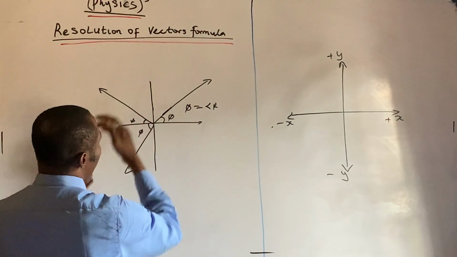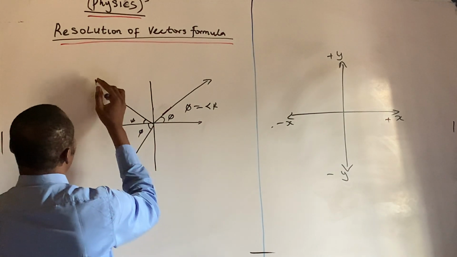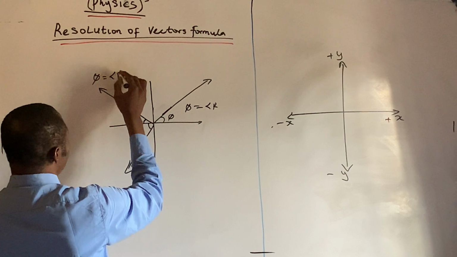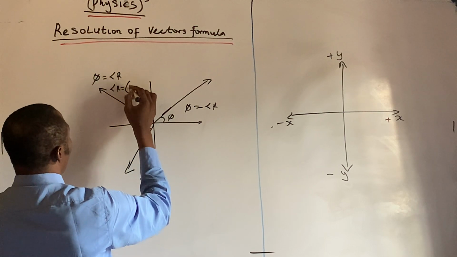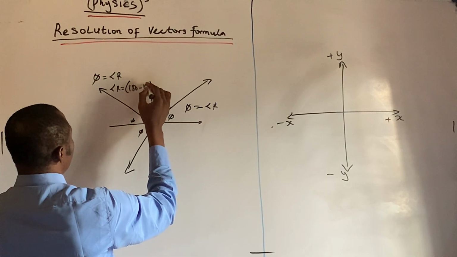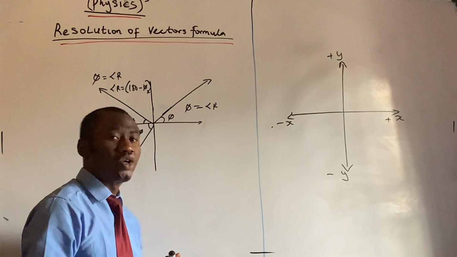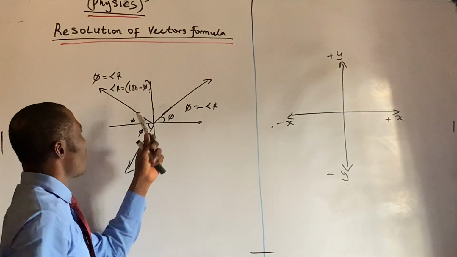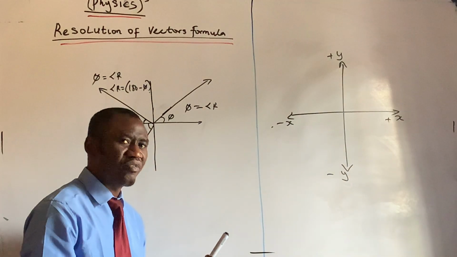But when you go to the second quadrant, the theta is equal to the reference angle, but the reference angle is equal to 180 minus theta, which is theta 2 actually at the second quadrant. You need to subtract the angle you are given from 180 to get the reference angle.